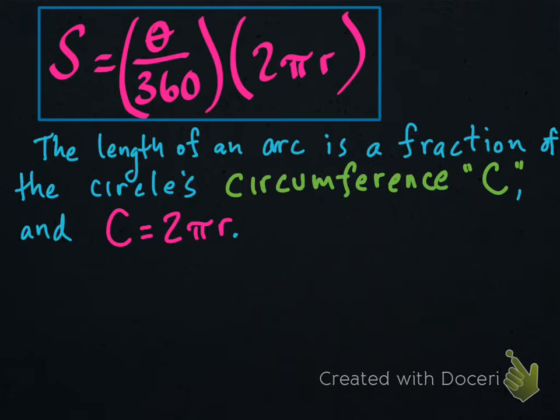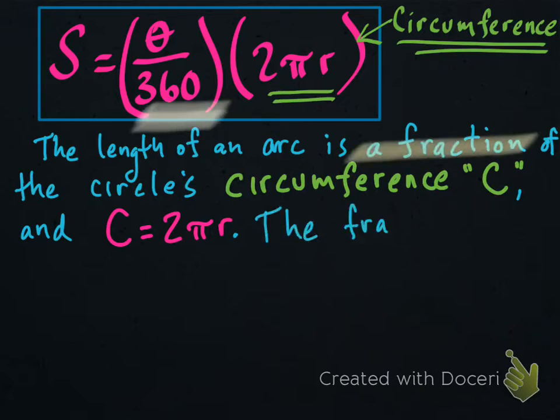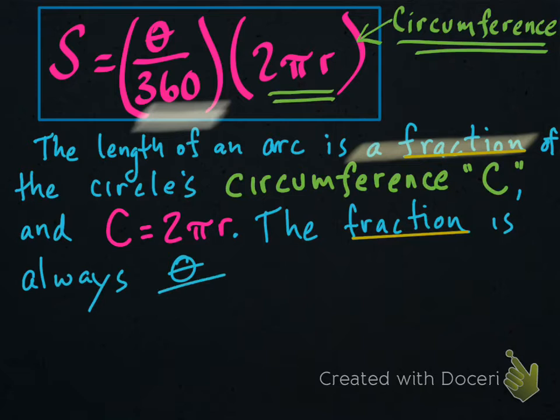That circumference is 2 pi r, right? Hopefully you remember that from some other math experience you may have had. 2 pi r is the circumference of a circle. And the fraction that the arc represents is theta over 360. So that's the fraction that we're going to use in calculating the arc length.